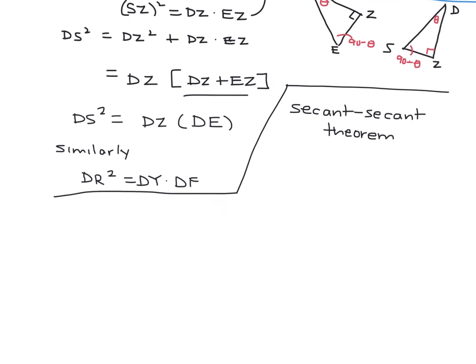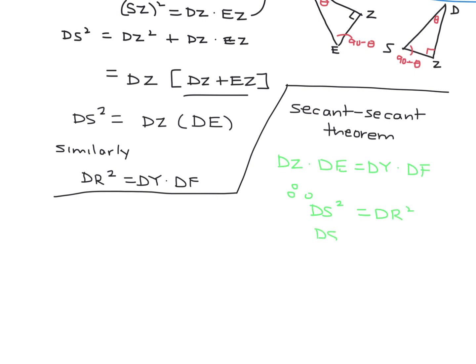It states that DZ in this particular diagram times DY is equal to DZ times DE is equal to DY times DF. So if we look at these two equations, DZ times DE is here, DY times DF is here, and those two are equal, so therefore DS squared is equal to DR squared.